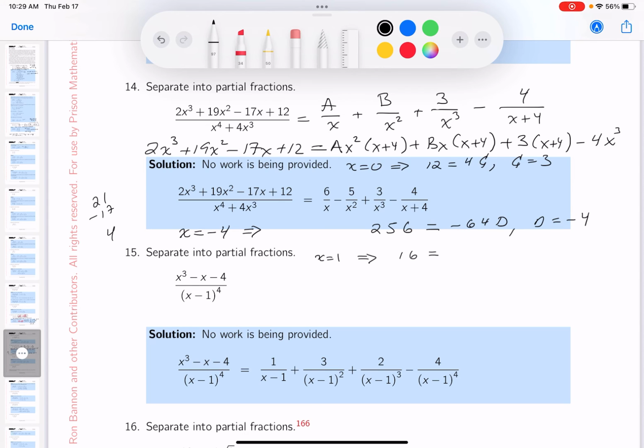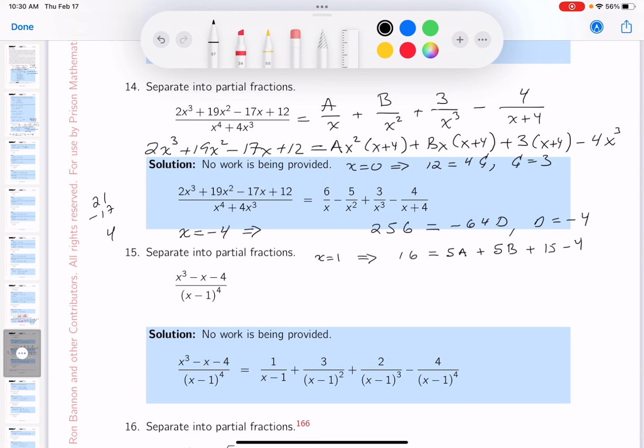And again, I chose 1. You'll get 5A plus 5B plus 15 minus 4. And I got to clean this guy up, don't I?